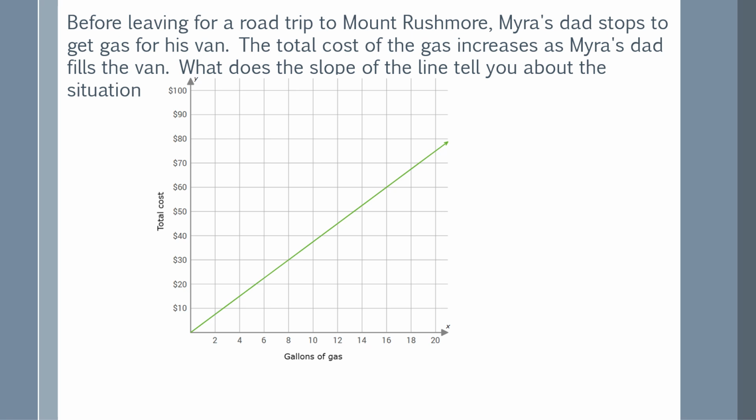So keep in mind, it says slope. There's a lot of interpretation, so let's just look at the obvious. So what happens here? The more gallons of gas he put in, the more he spends. So that's the obvious response to it. However, when we think of slope, we go back to our middle school terminology. We think about unit stuff.